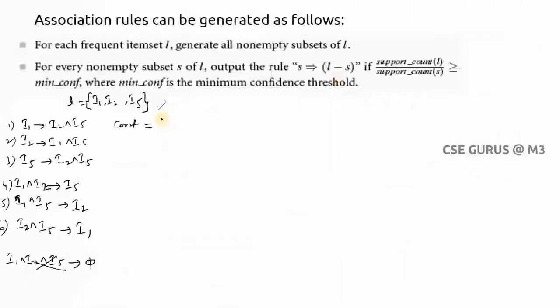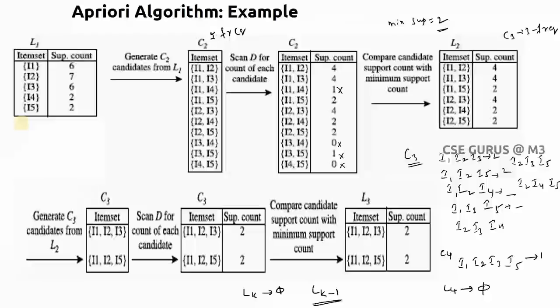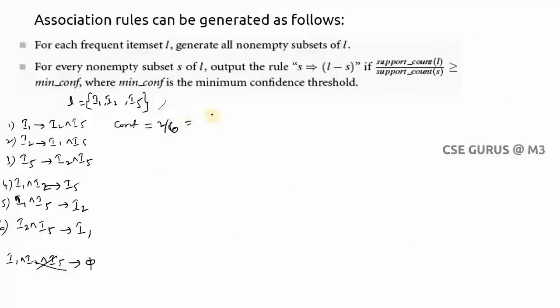Support count of L, that is 2, by support count of S, which means the left-hand side, that is I1. The support count of I1 is 6 here. So 2 by 6, which is approximately 33.3%.